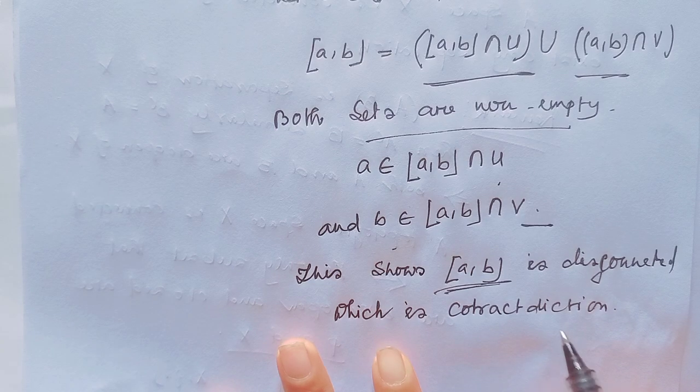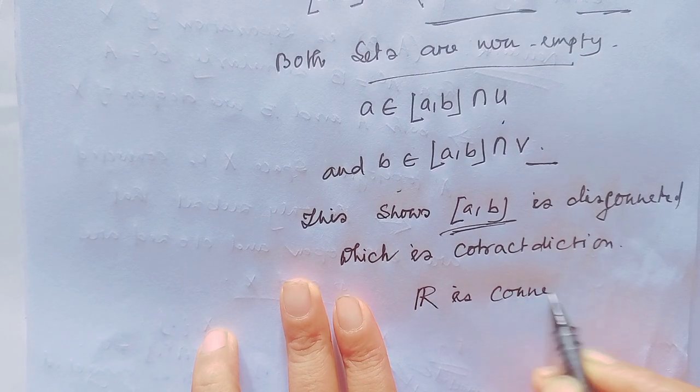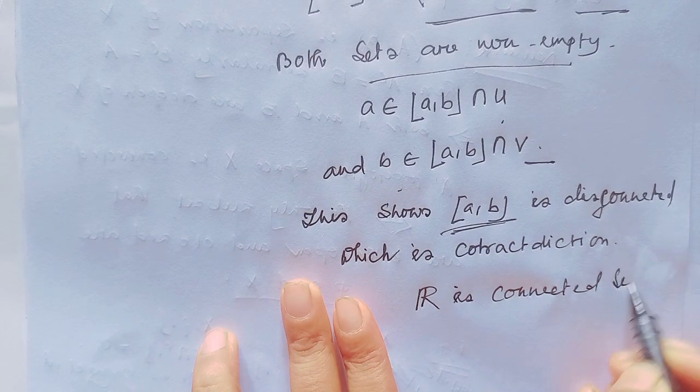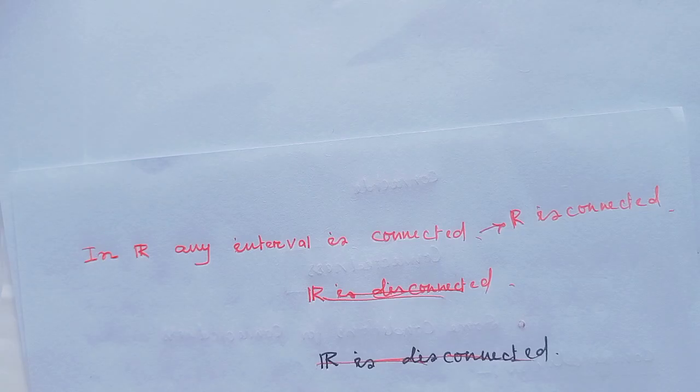So R is always a connected set. That means the set R is connected and every interval in R is a connected set.